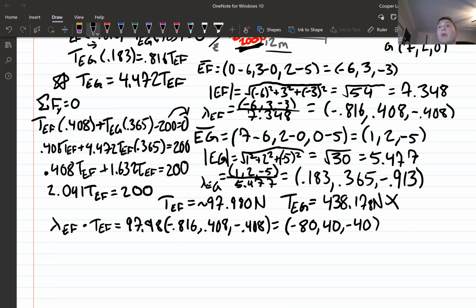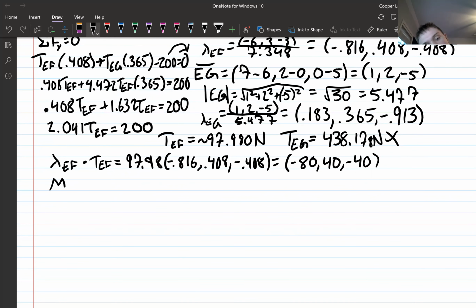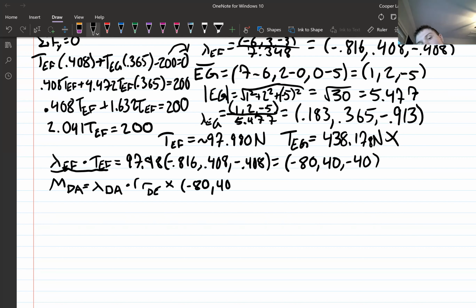But now, we're going to apply a direct property to get our moment in line dA, which, if you didn't know, our moment of dA equals lambda dA dot product times r of dE, cross product times negative 80, comma 40, comma negative 40.